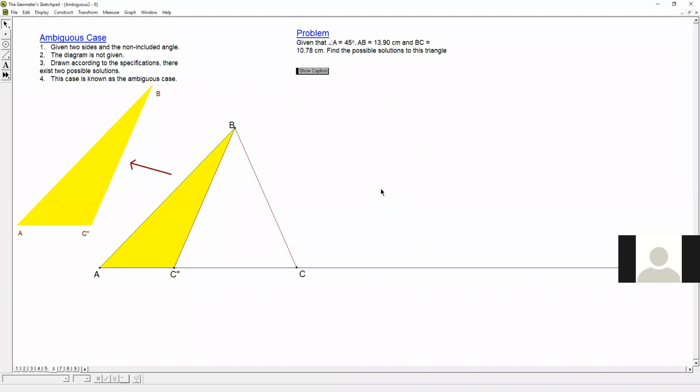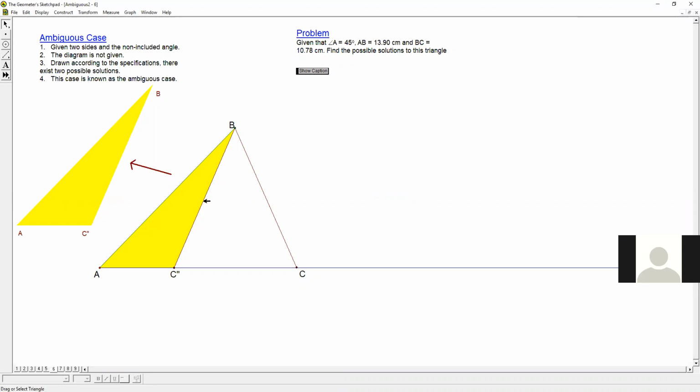Here I shade the triangle that you are supposed to construct. I shade it, then I move it over here so that you can see this is actually the triangle. If I put the two triangles inside the same diagram, they will overlap on top of one another and you get confused.